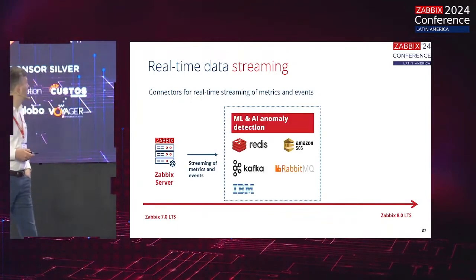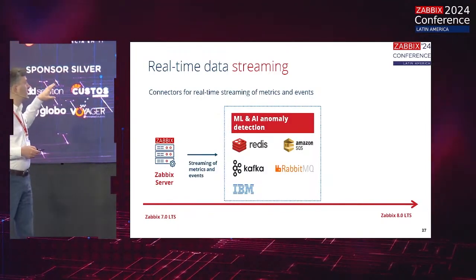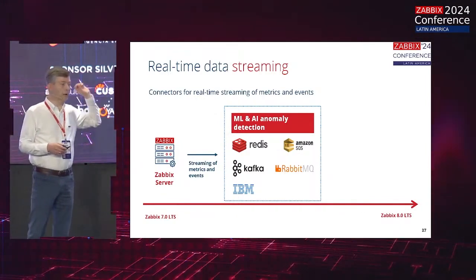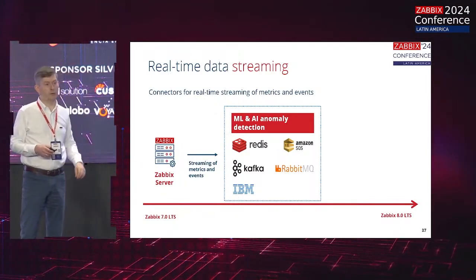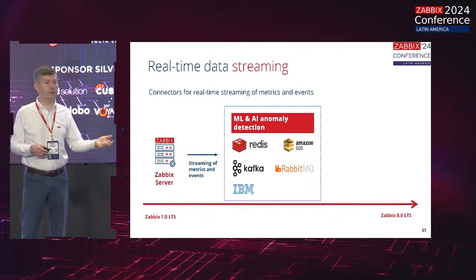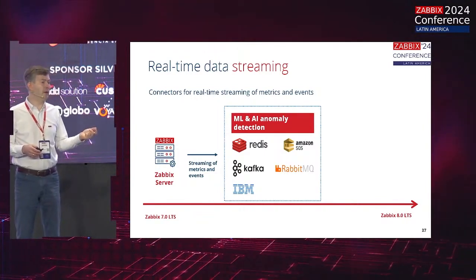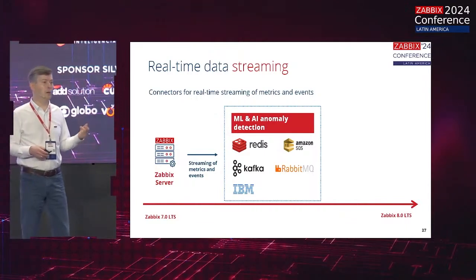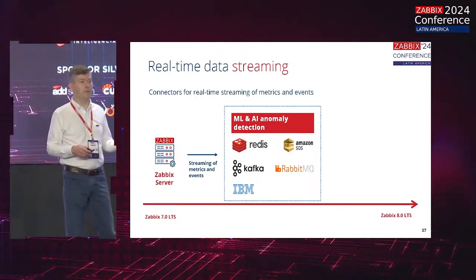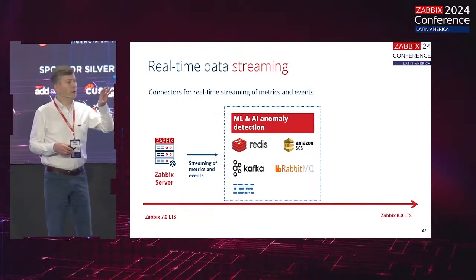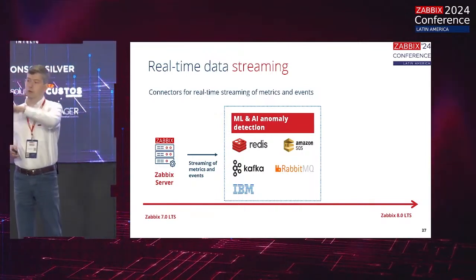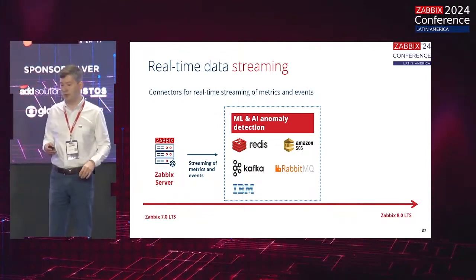All right, real-time data streaming. You probably know that Zabbix supports real-time streaming of data to other destinations, metric data or events data. And with Zabbix 7.0, we have introduced additional filtering options by tags, so that you can stream one set of data to one destination, another set of data to another destination if you want.